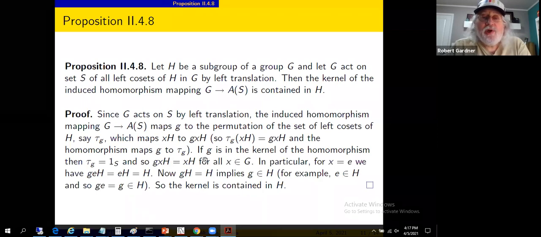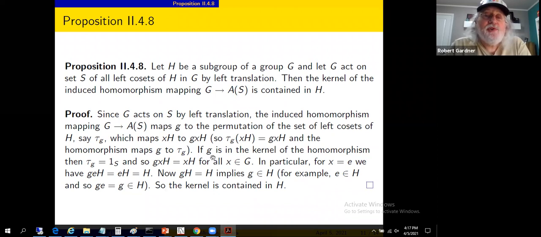More explicitly, we want to show that the kernel of the induced homomorphism from here to there is contained in capital H. It's a short computation.